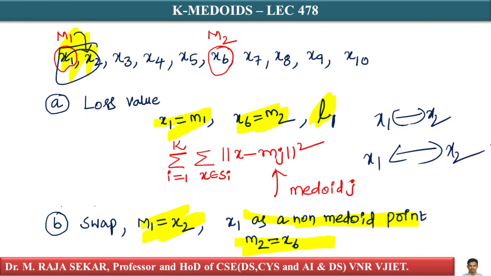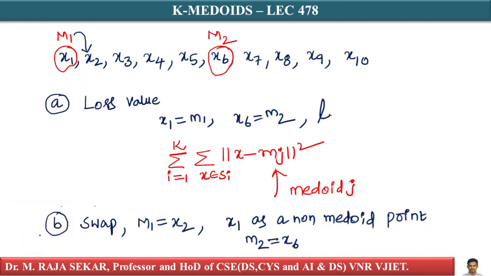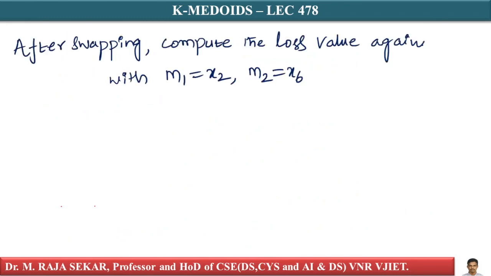After swapping, compute the loss value again with m1 as x2 and m2 as x6.